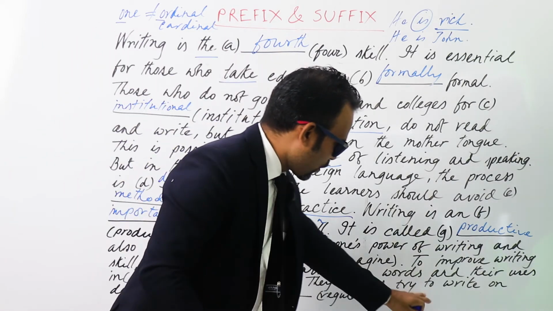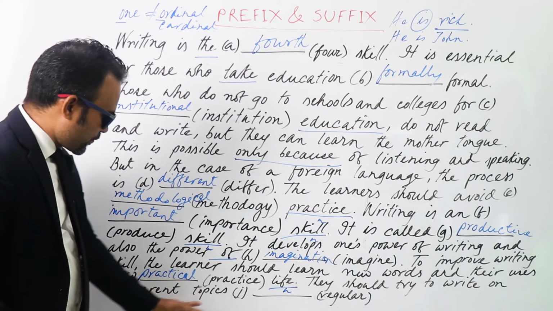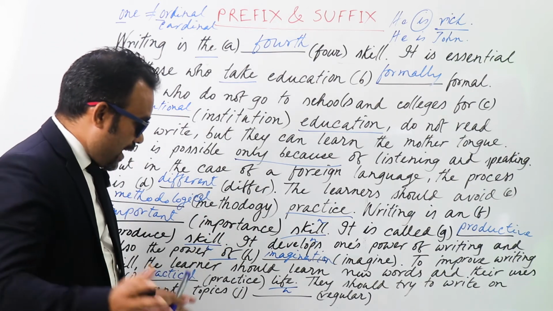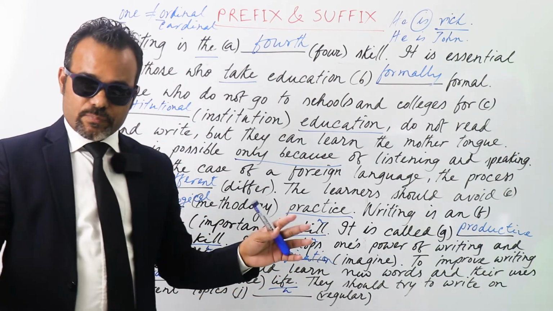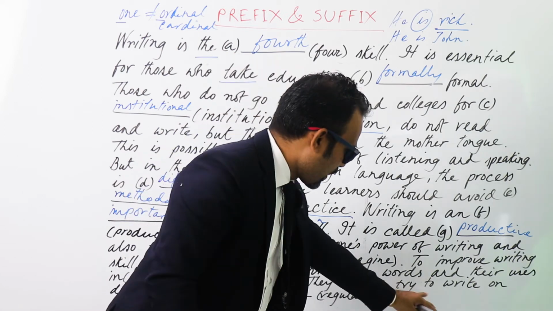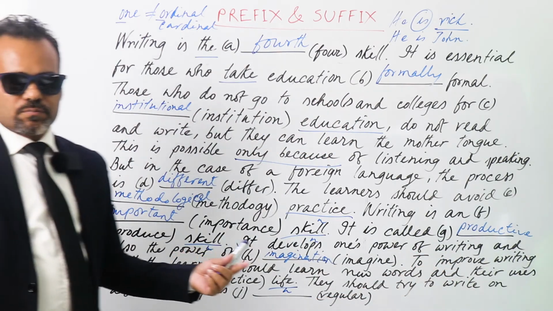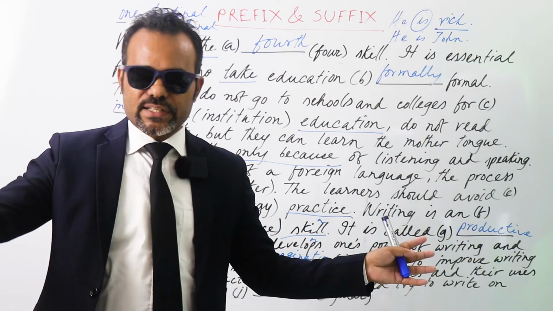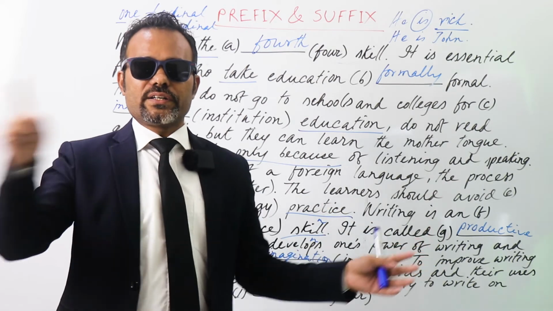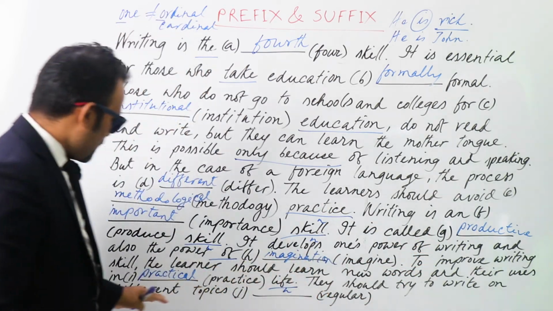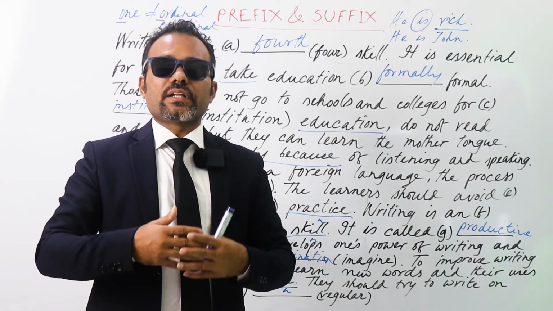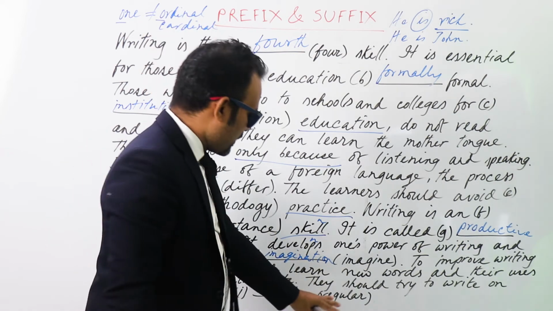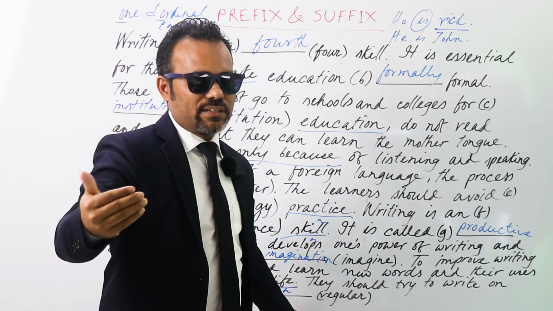Next one. They should try to write on different topics dash regular. Different topics. After this, if we think the sentence is finished, for example, they should try to write on different topics, we need not use any other word. If we can omit any other word, definitely it will be an adverb. They should write after giving which interval? Here this actually gives the answer of frequency.